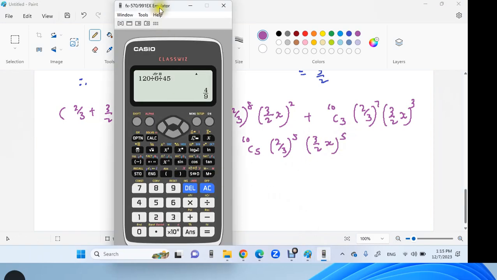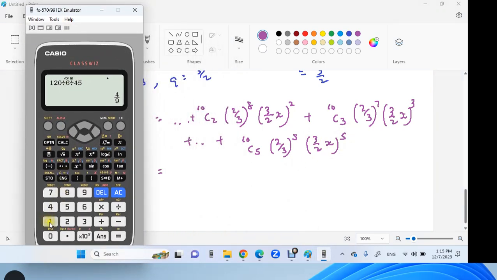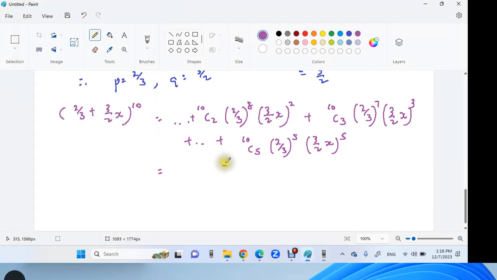So for 10C2 times 2 over 3 to the power of 8, times 3 over 2 to the power of 2, this is the value for x squared.